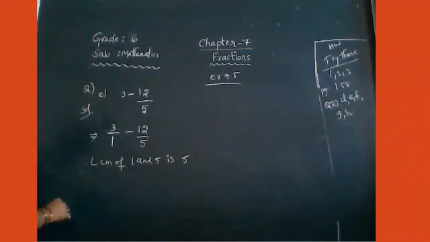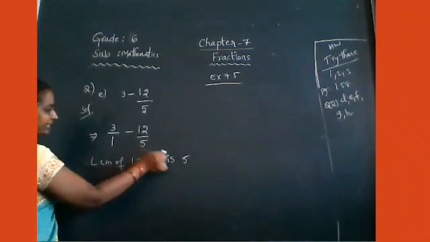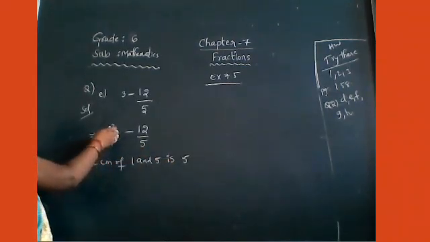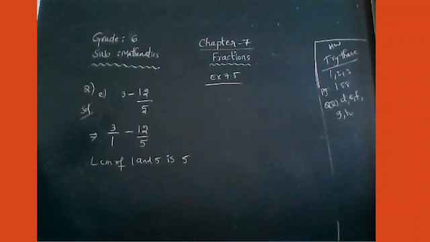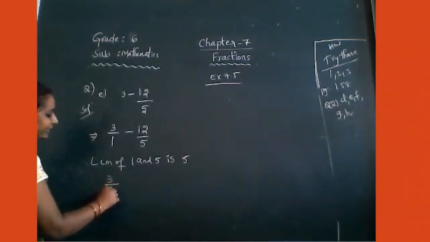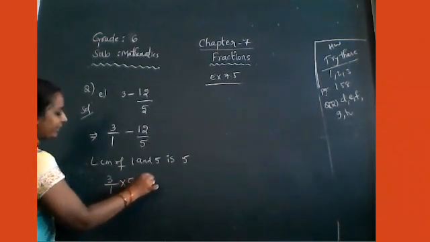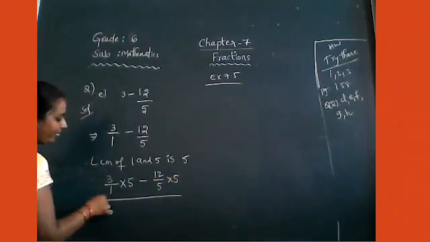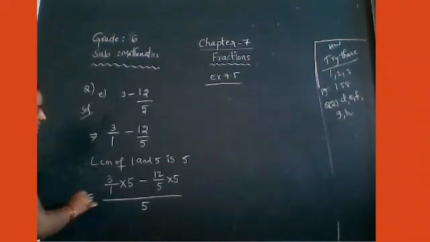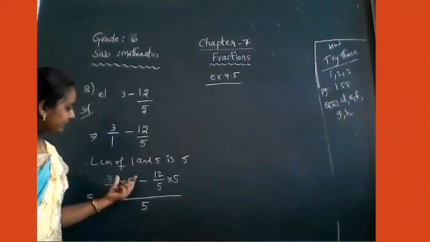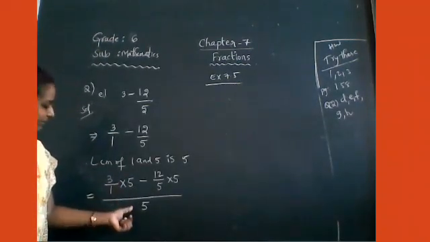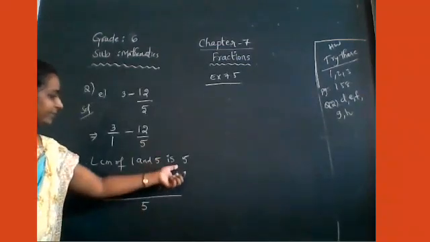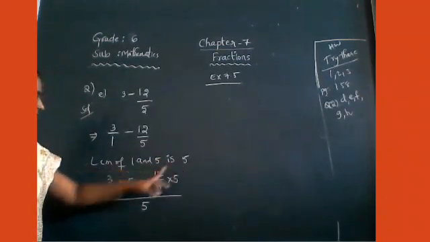Next, by the LCM, we have to multiply the numerator and the denominator. That is 3 by 1 into 5 by 5 minus 12 by 5 into 1 by 1. I multiplied here the numerator and the denominator by the LCM, that is 5.